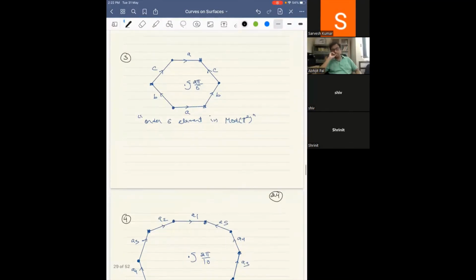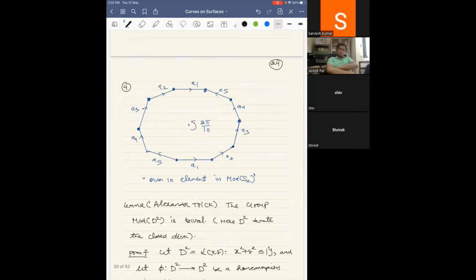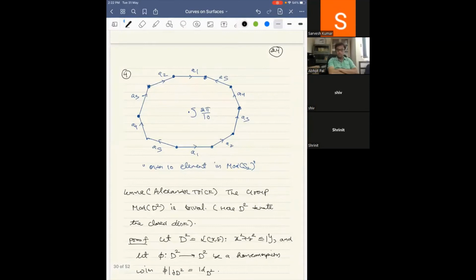And this was an order 10 element in the mapping class group of a genus 2 surface. This is a decagon with opposite side pairing, and by an Euler characteristic argument you can see that the quotient is genus 2. So these were some examples.